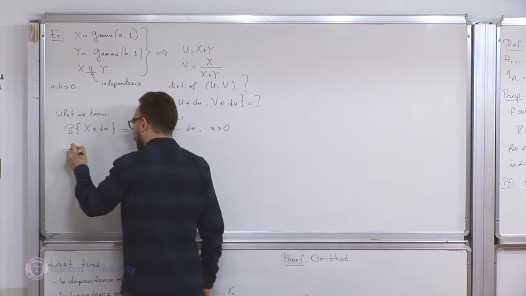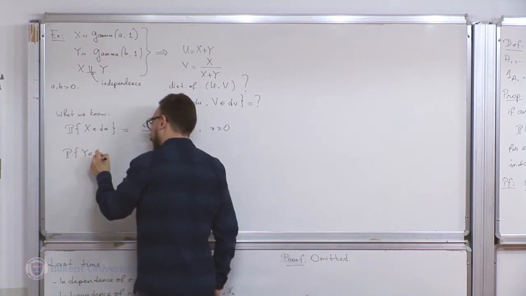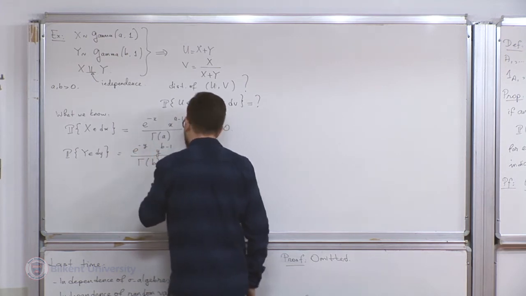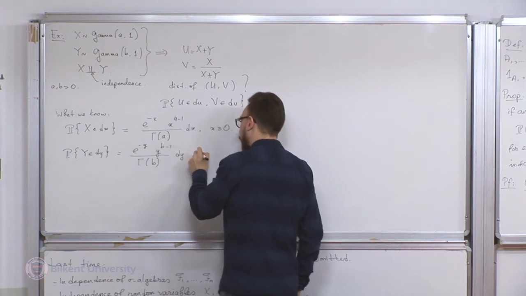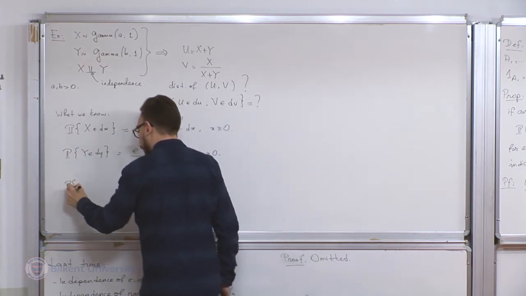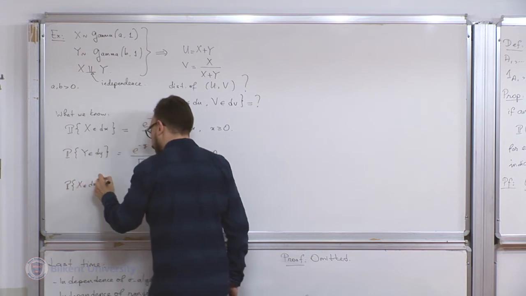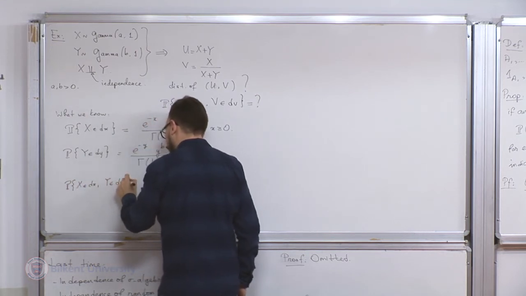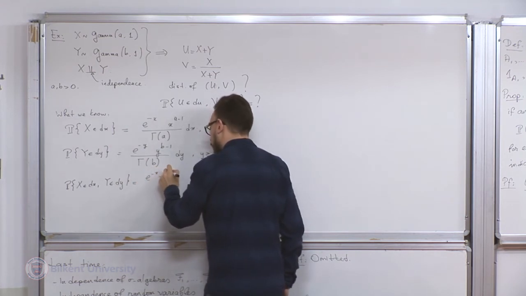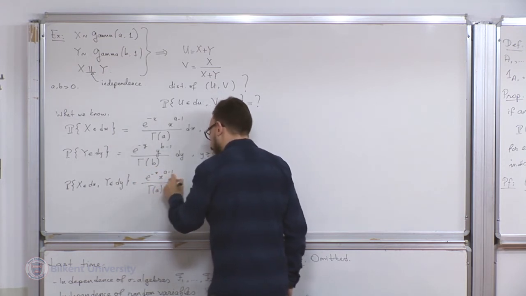Similarly for Y, dy, and since they are independent, their joint distribution is just the product of the individual distributions.